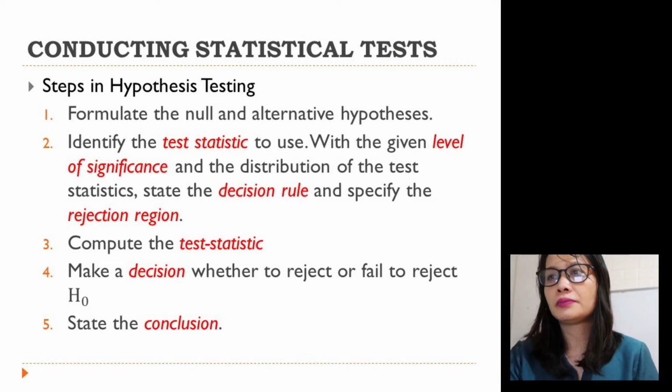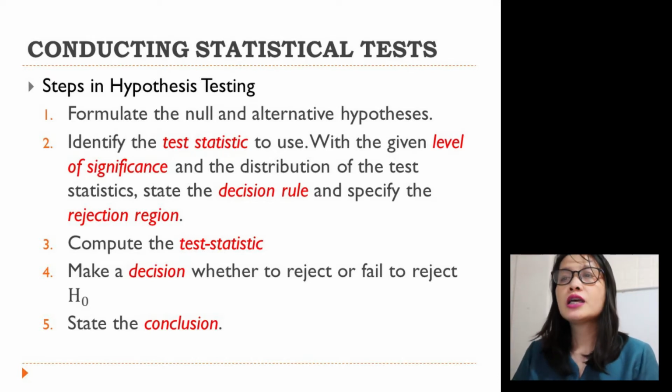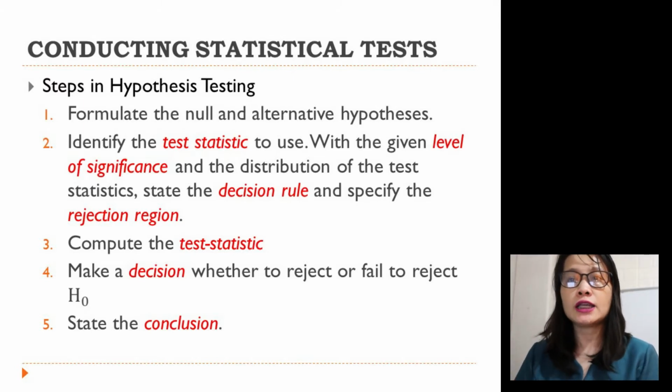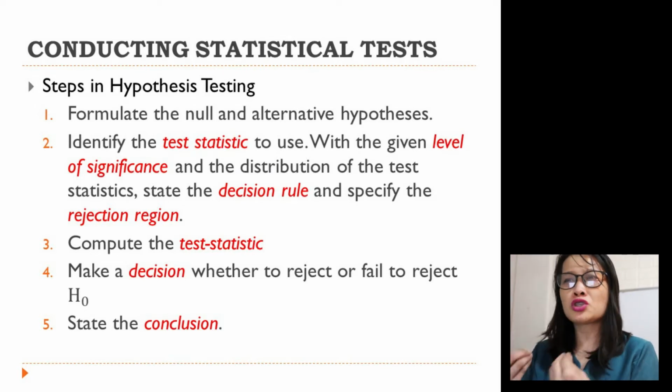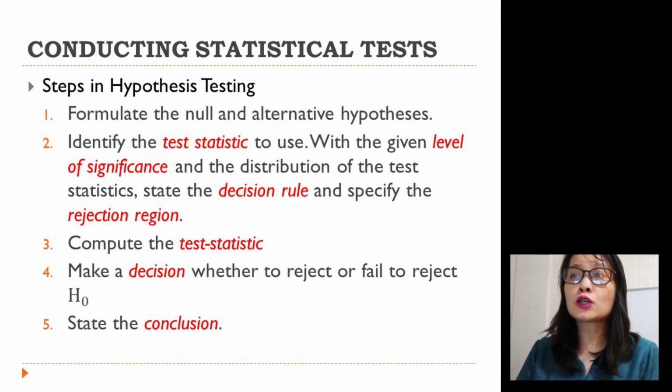And the distribution of the test statistic, state the decision rule and specify the rejection region. Number 3, compute the test statistic. Number 4, make a decision whether to reject or fail to reject H0. When you fail to reject H0, it means you accept your H0. And then number 5, state the conclusion.